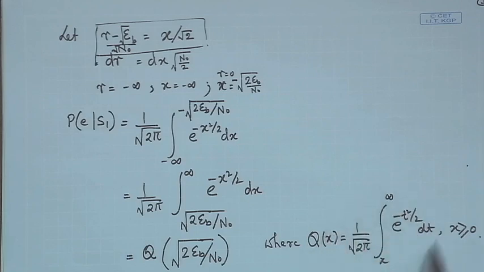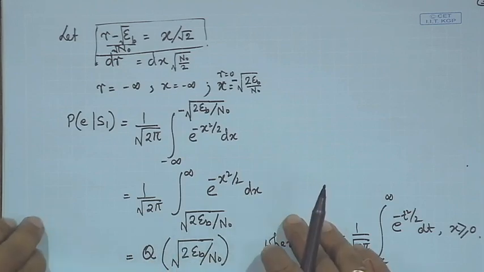This is a standard function whose values you can only find by numerical evaluation. We use the Q function because this looks a bit cumbersome, and from now onwards we will be using mostly Q functions to represent the error probabilities.